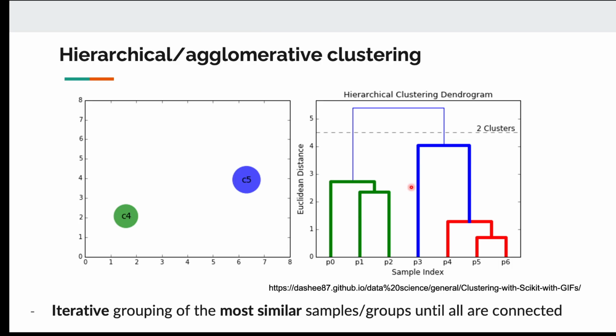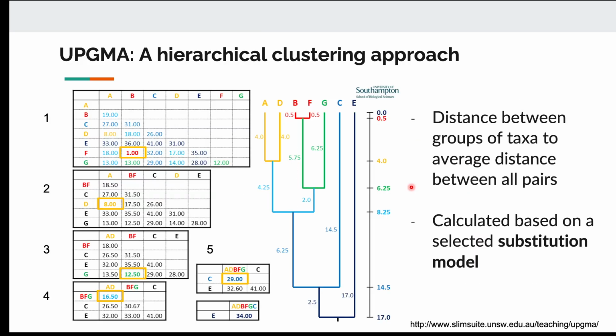So there are several ways to think about this. So there is a very simple technique called UPGMA, unweighted something, I also forgot, but it's a hierarchical clustering procedure. So we calculate the evolutionary distance, which is based on the substitution model, between our taxa, and any species or genomes that are more similar get grouped.